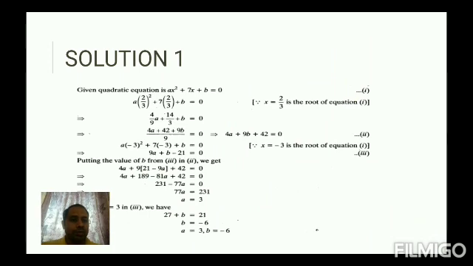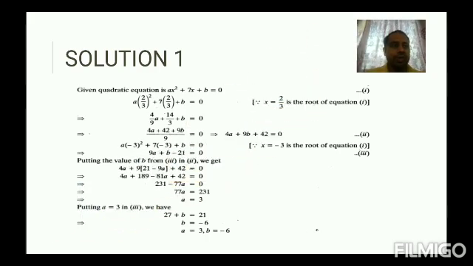Now if you substitute the value of a as 3 in b equals 21 minus 9a, you will get the value of b as minus 6. Clear everyone? I think it will be clear to everyone.